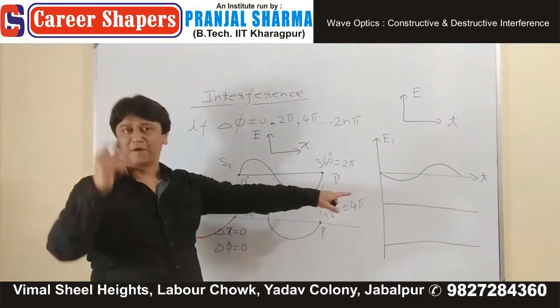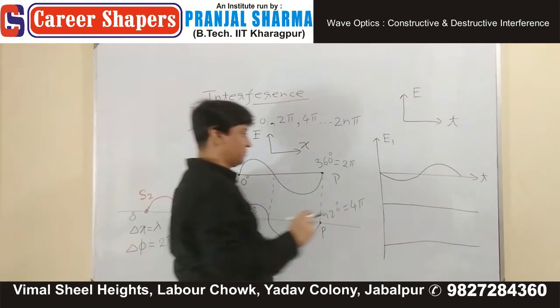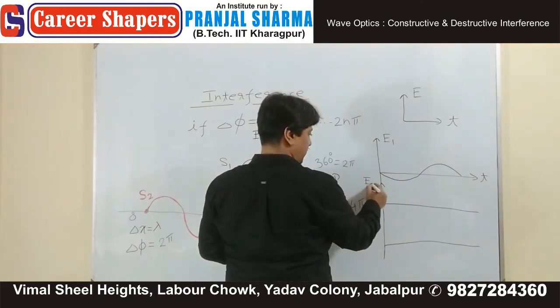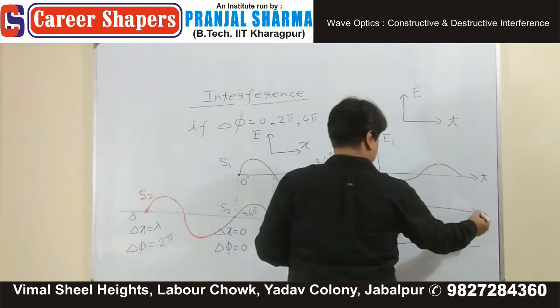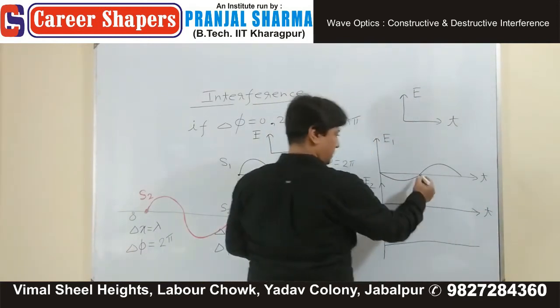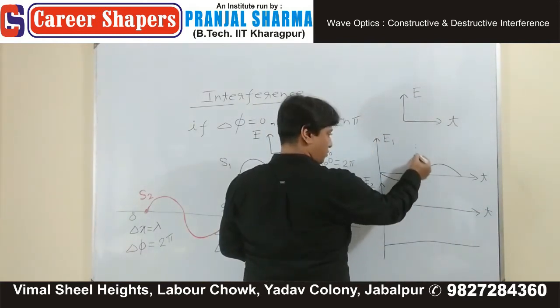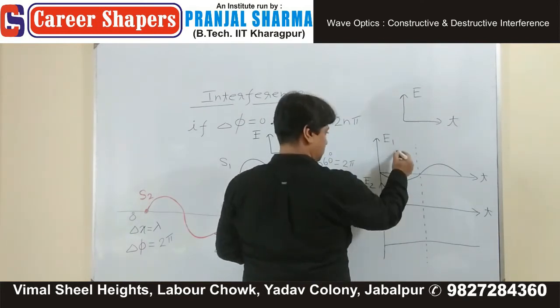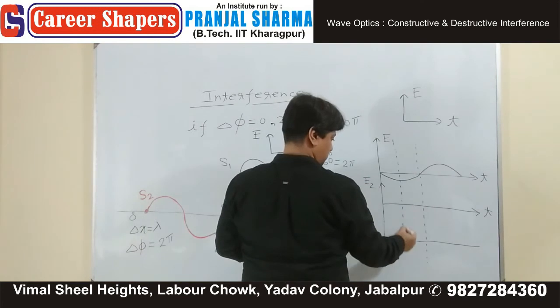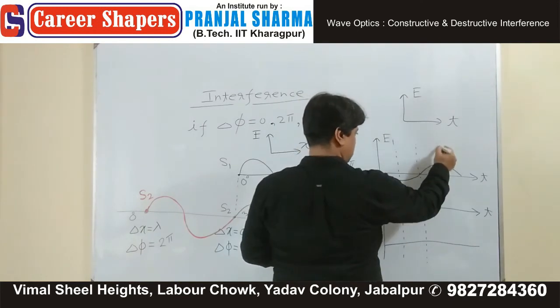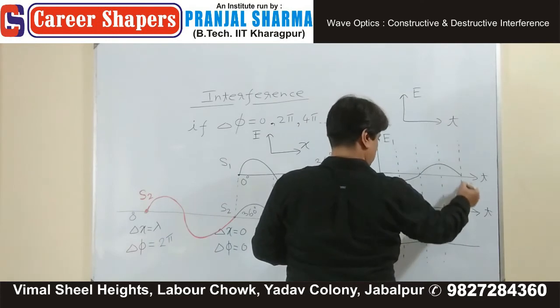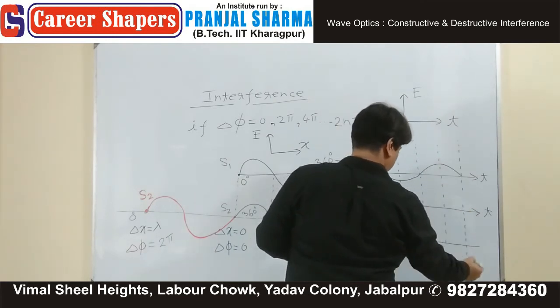This is something we have already discussed in the previous lecture. If you go for E2 versus T, don't forget to draw these partitions. If you draw like this, then you will have a proper alignment.